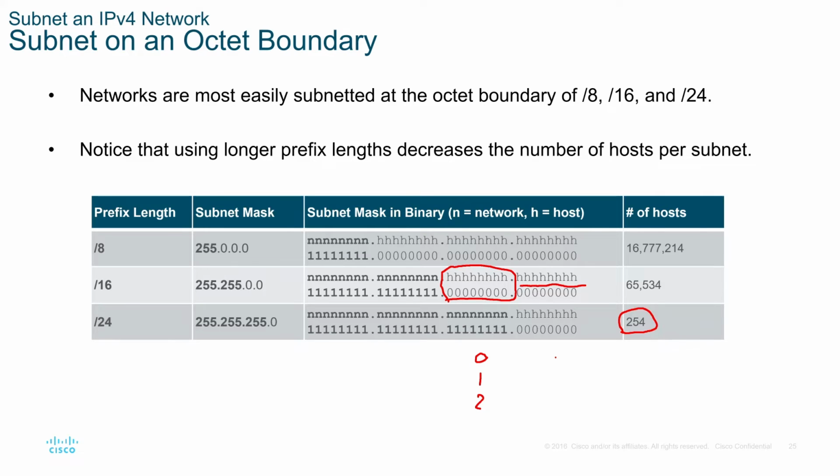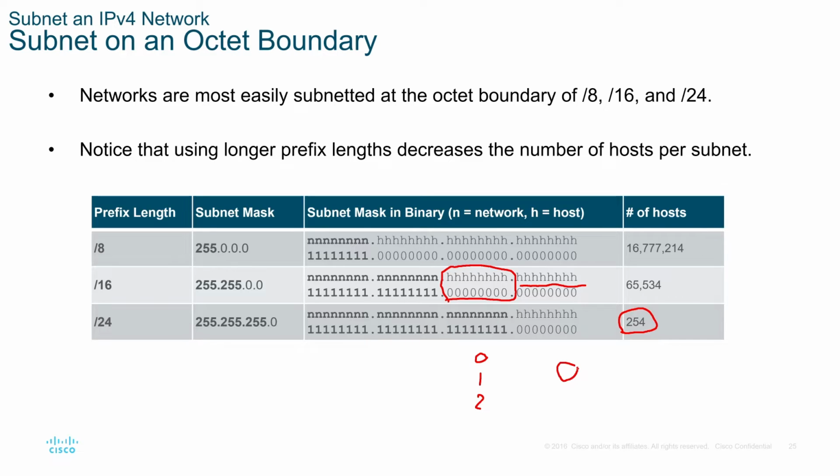Subnetting on a fixed boundary, such as this, can also be wasteful as far as addresses are concerned. Because here, each network would have 254 hosts.